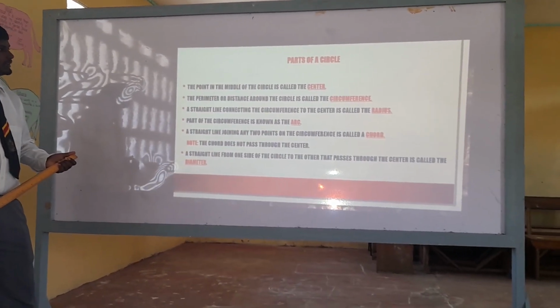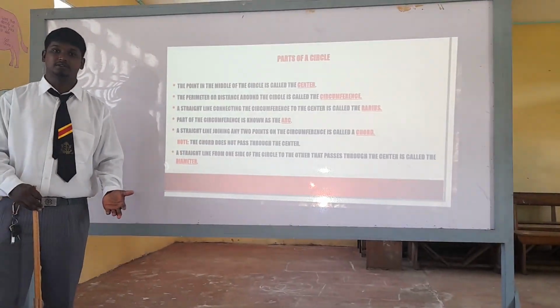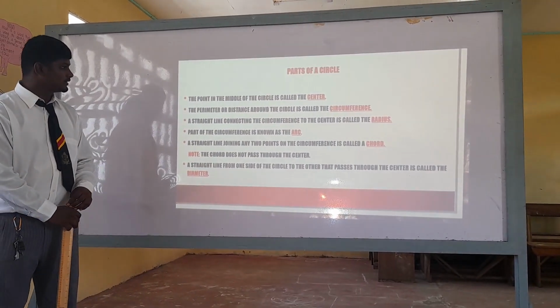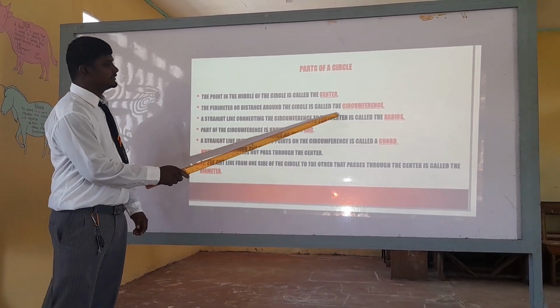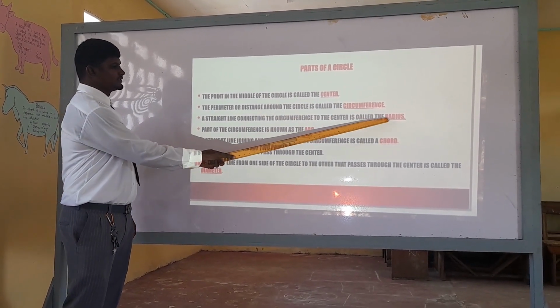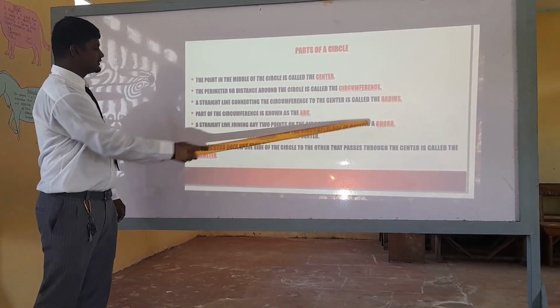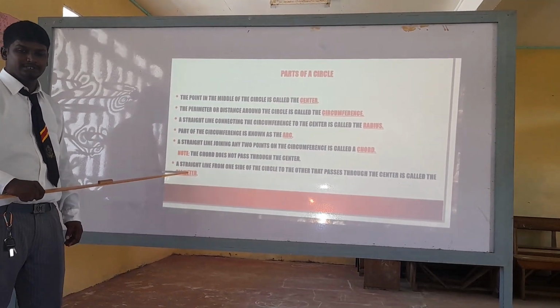Now we are going to look at some of the parts this week, and in the following week we look at the others, right? So this week we are going to look at the center, the circumference, the radius, the arc, the chord, and the diameter, right? Okay, students?